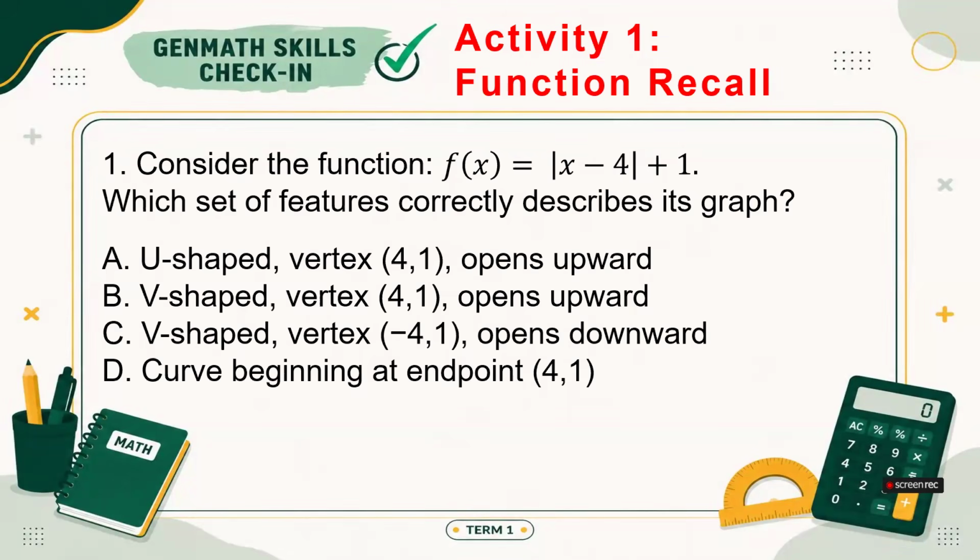This means that the graph shifts 4 units to the right and then 1 unit upward. Therefore, the vertex will be at (4, 1). The correct answer is a V-shaped graph with vertex at (4, 1) that opens upward.